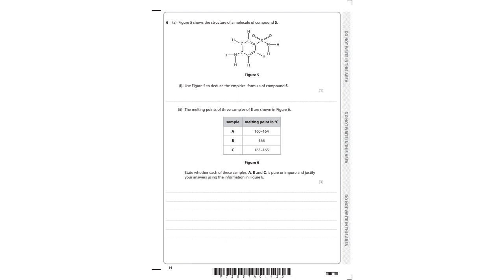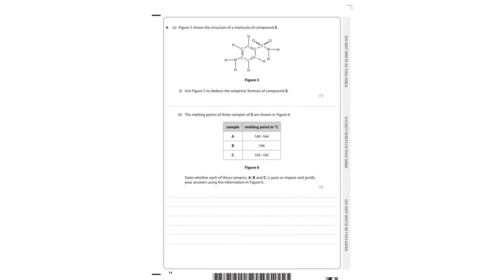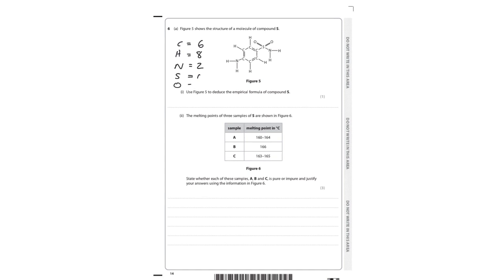You work out the ratio of atoms, and if you go through this, you work out that C equals 6 carbons, H equals 8 hydrogens, N equals 2 nitrogens, there is 1 sulfur, and there are 2 oxygens. Now, I can't cancel that down any further because I've got 1 sulfur. All of the others I could cancel down, but because I've got 1 sulfur, I can't cancel it down. So the molecular formula is the empirical formula.